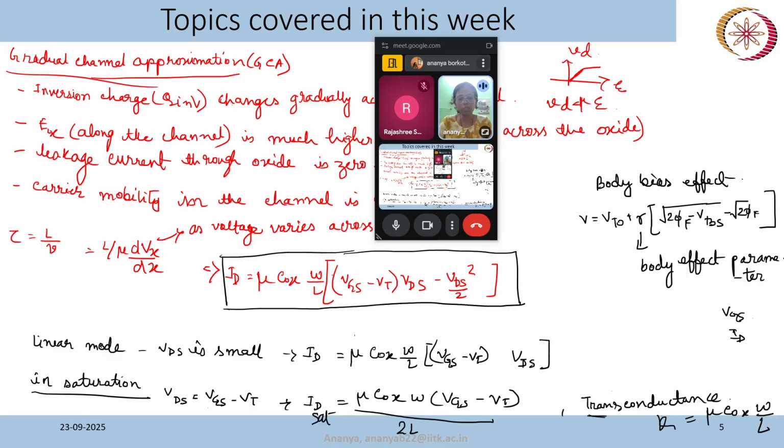Whether it will decrease or increase depends on PMOS or NMOS. So VBS is this. What will be this value for an NMOSFET? This body is negative, so this value will also be negative, so this is positive. Okay, this minus.